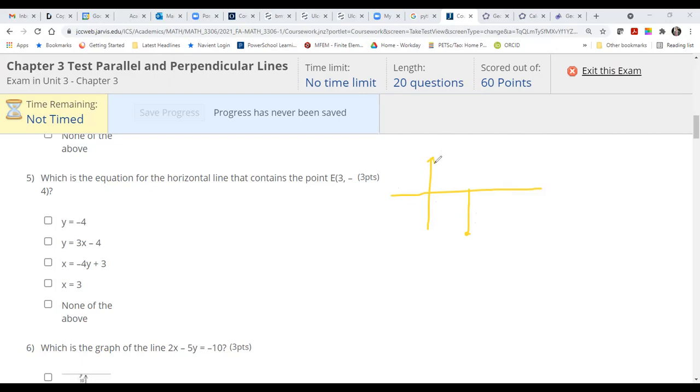If this is y, this is x, so the point 3, negative 4 will be here. And the horizontal line will go like this, right? So you know what this is? So what is the equation of this line, right?